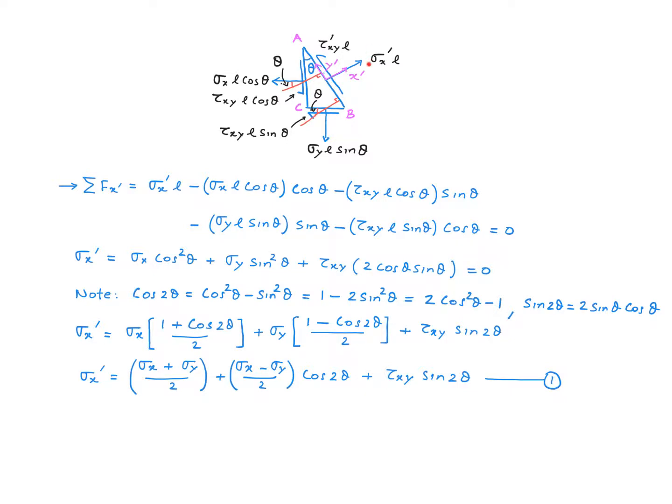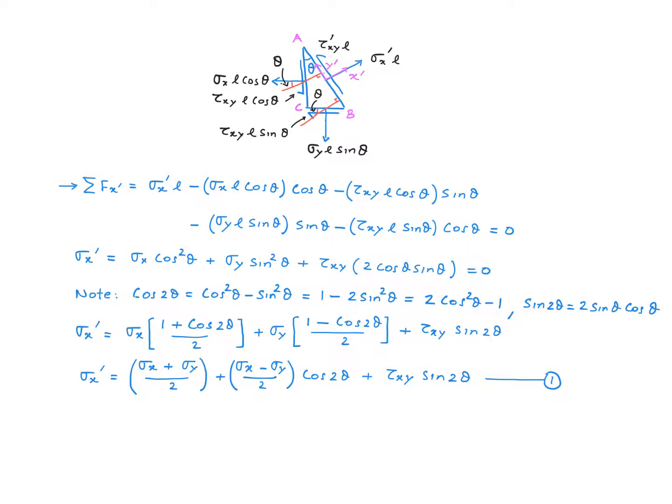And therefore, I can easily establish an equation for sigma x prime from that equation. So that's what I have done over here. In other words, I'm summing up the forces in the x prime axis. Note that if this is theta, then this angle right here is theta, and then this angle is also theta. The details are pretty easy to follow, but let's go over the details for at least one equation here.